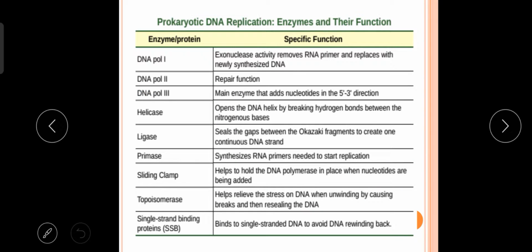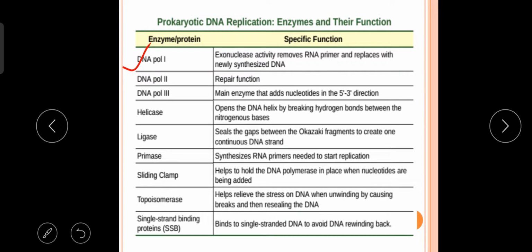These are the important enzymes involved in the process of DNA replication in prokaryotes. Remember, this is very important. The names of the enzymes are very important. This is the complete set of enzymes involved in DNA replication in prokaryotes. The first one is DNA polymerase 1.